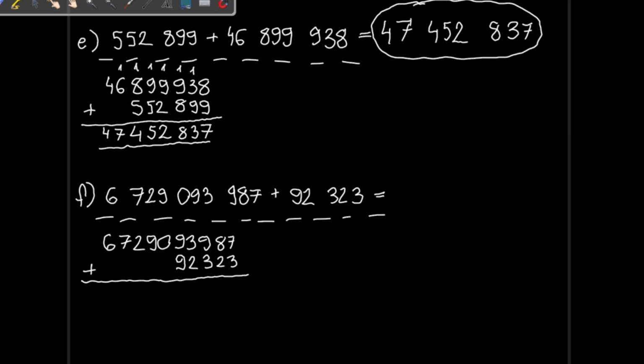Okay, let's do this. 3 plus 7 is 10. 2 plus 8 plus 1 is 11. 3 plus 9 plus 1 is 13. Top 2 plus 3 plus 1 is 6. 9 plus 9 is 18. 0 plus 0 plus 1 is 1. And then for the rest we can just write these 4 digits down.